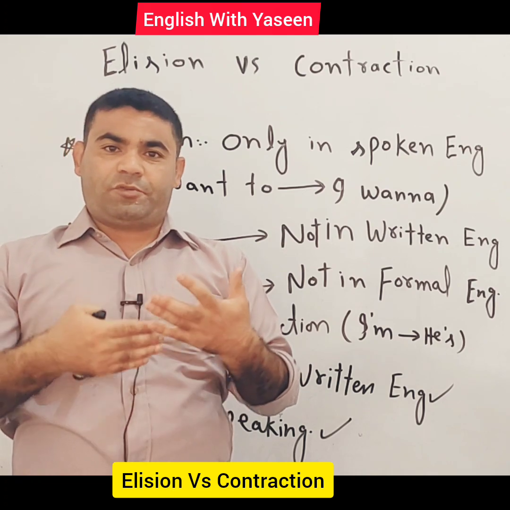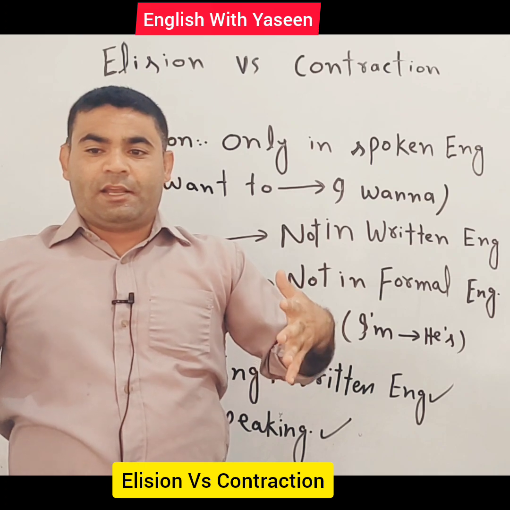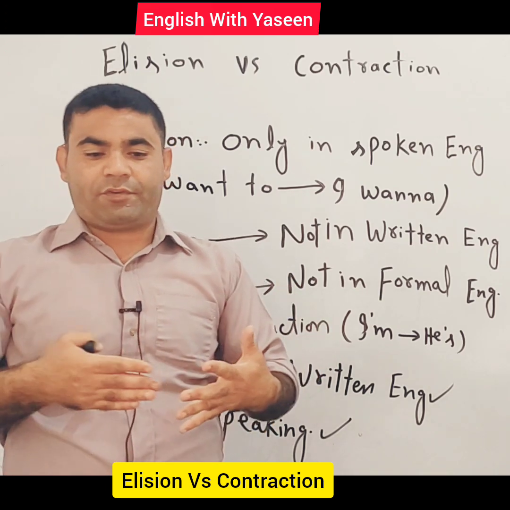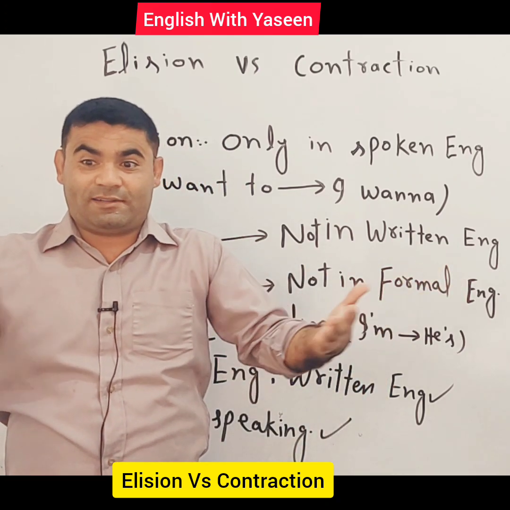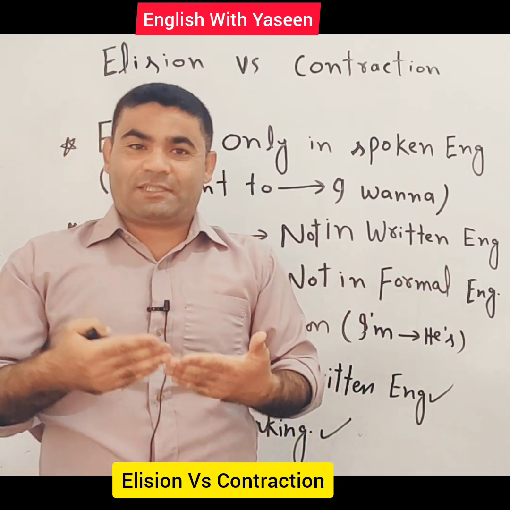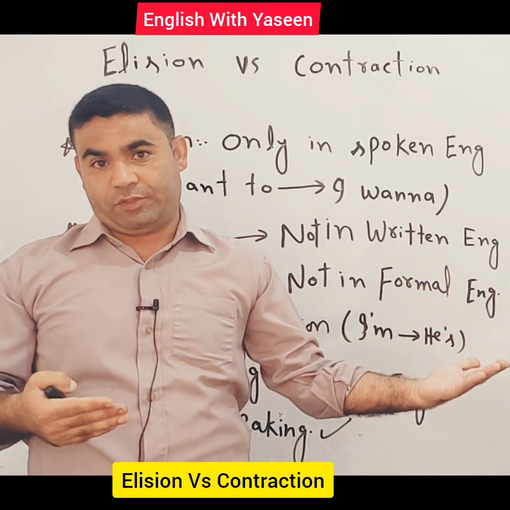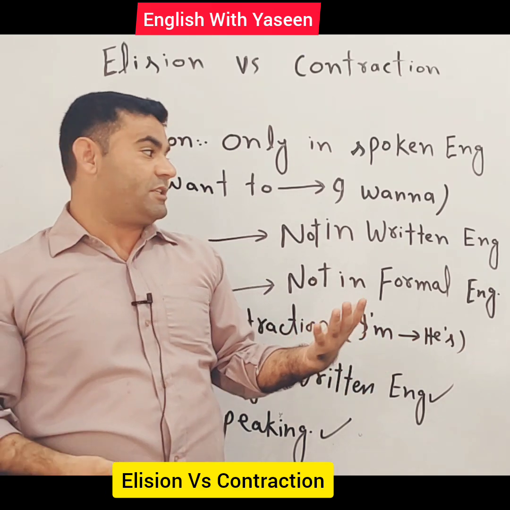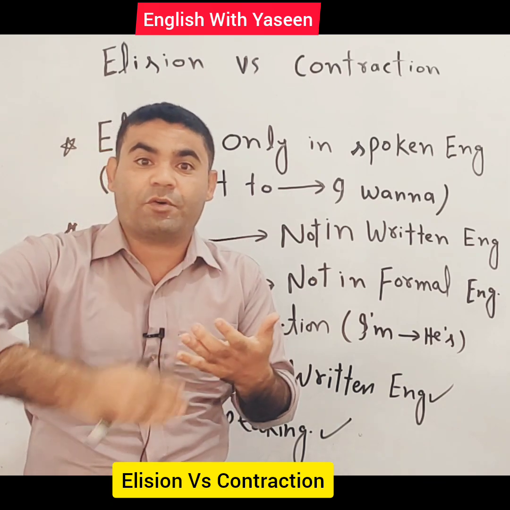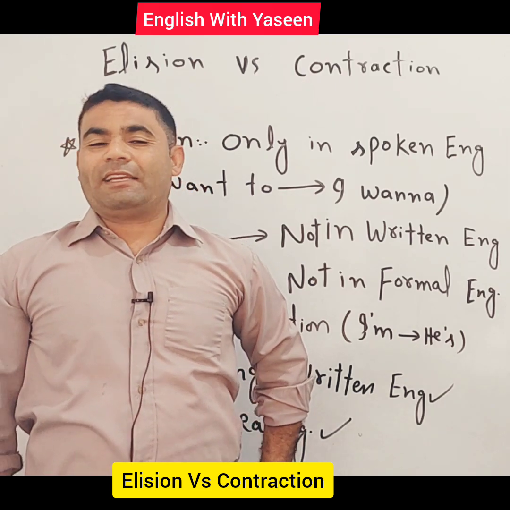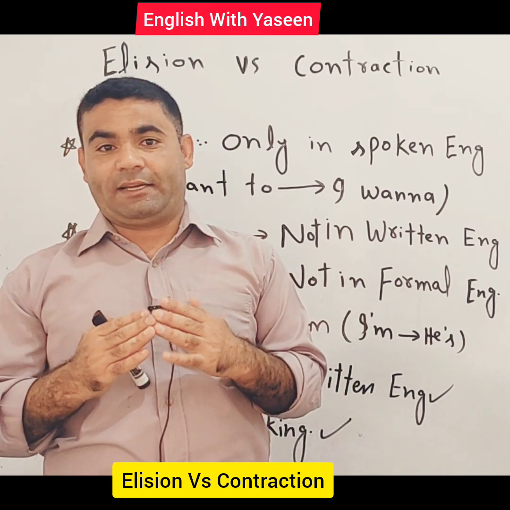But if you are delivering a formal speech in your school or college, in a speech competition, you can't use elided forms. You'll have to use the whole form, because in formal English, elision is not liked. Elision is not practiced in formal English.